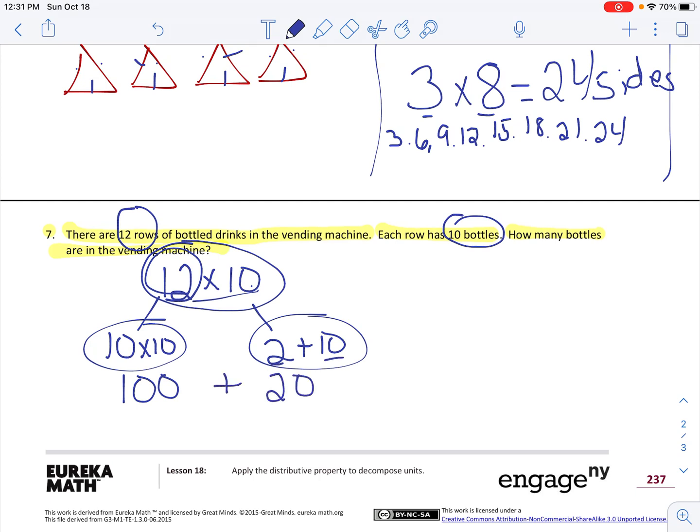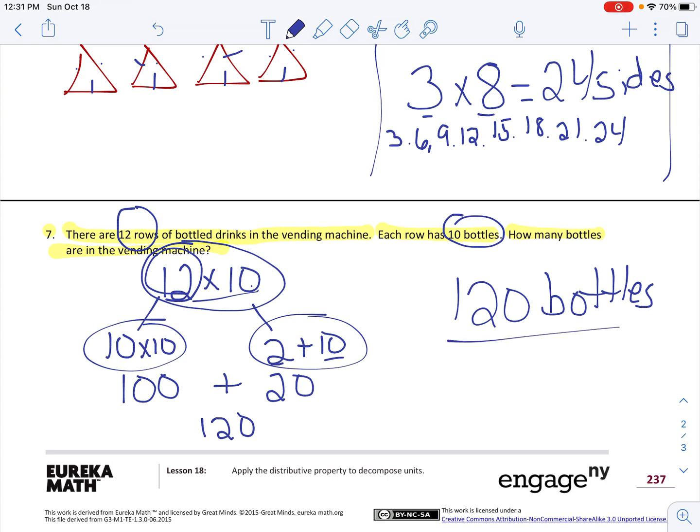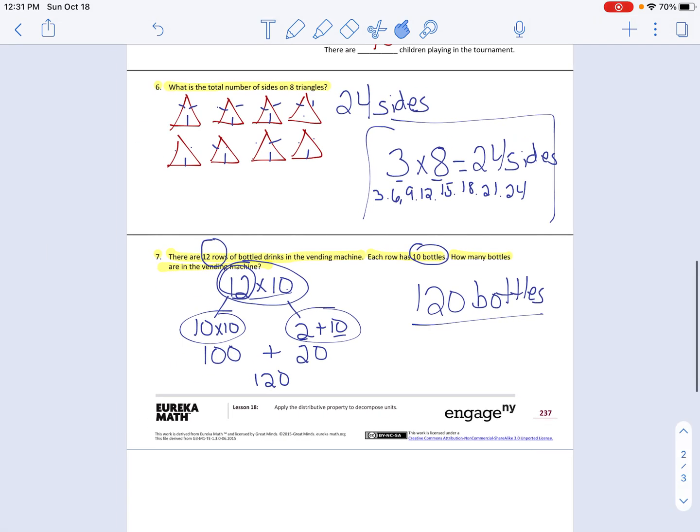Plus 2 times 10 is 10, 20. So 100 plus 20 is 120. I'm going to have 120 bottles. For some of you, your brains were ready to go, oh, 12 times 10, that's 120. And you didn't need a strategy to solve it. That's okay too. Whatever your brain is ready for is totally fine.